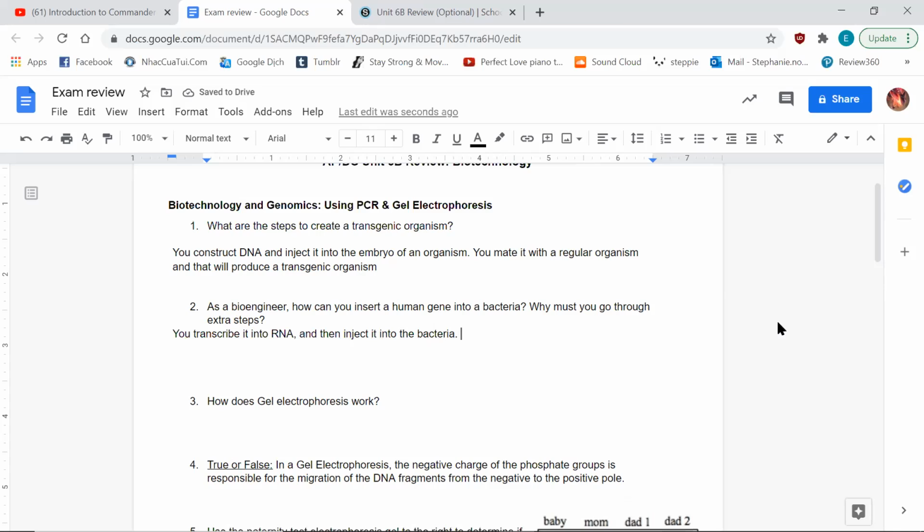You transcribe it into RNA first because bacteria don't have DNA, right? They have RNA, one big chain of RNA. And in order to make sure you can get it into the bacteria without it dying or immediately rejecting the DNA, you have to transcribe it into RNA because that's something it can read.